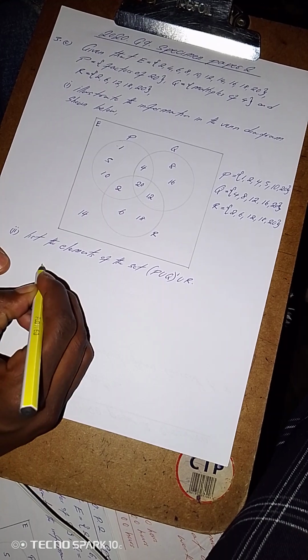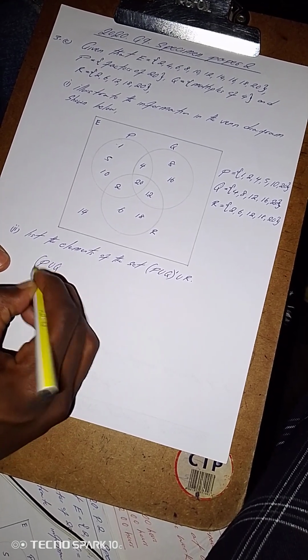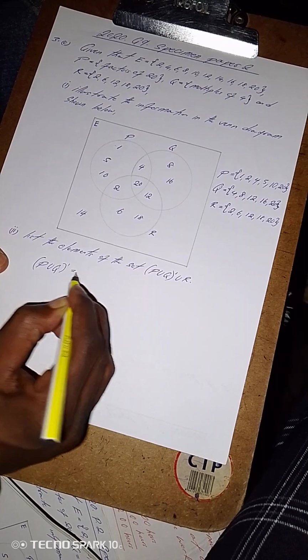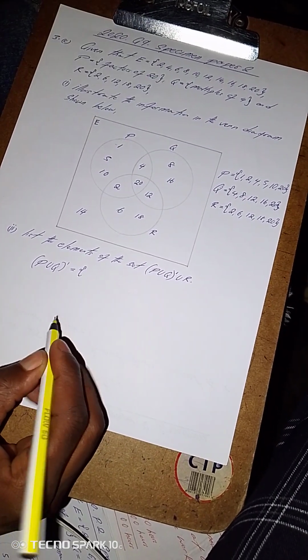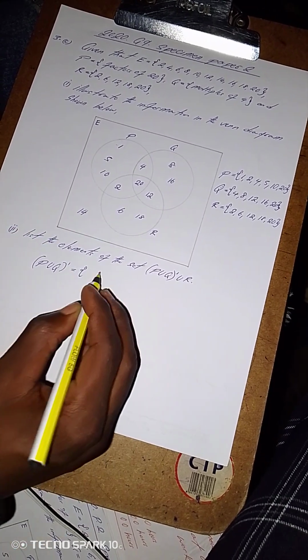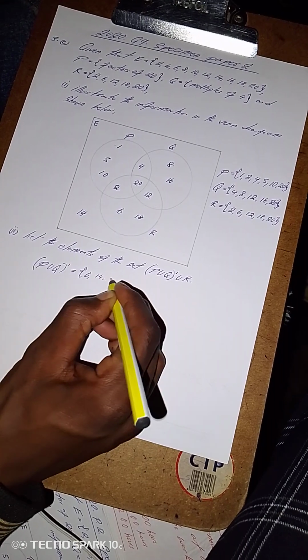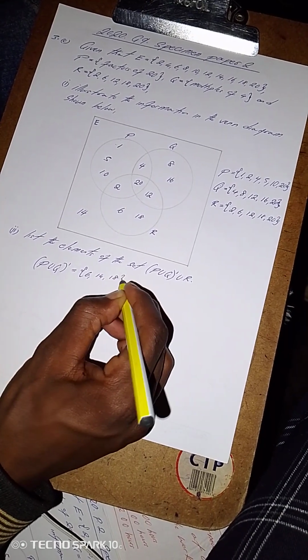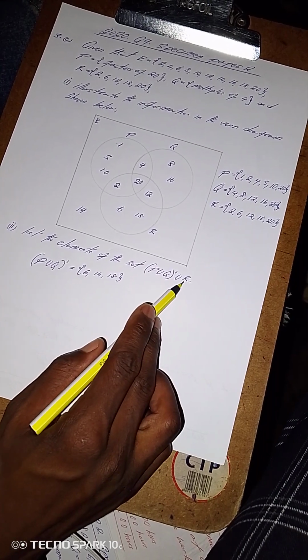So you're going to say P union Q complement equals, you remove these two sets, what are you going to remain with? You're going to remain with 6, 14, 18.